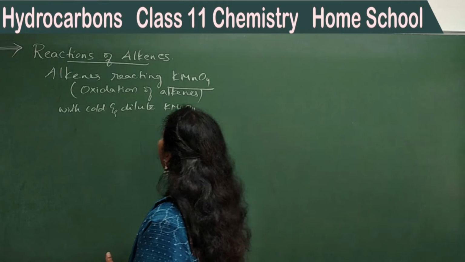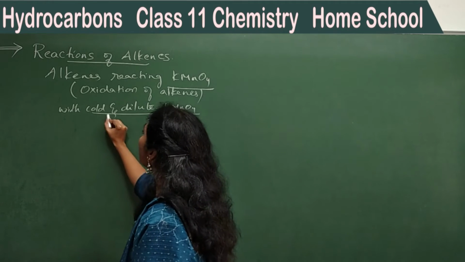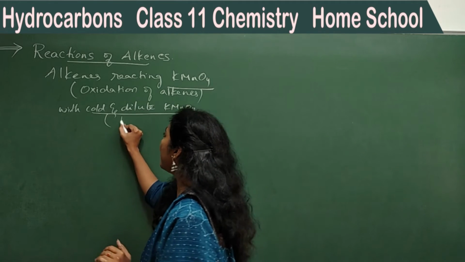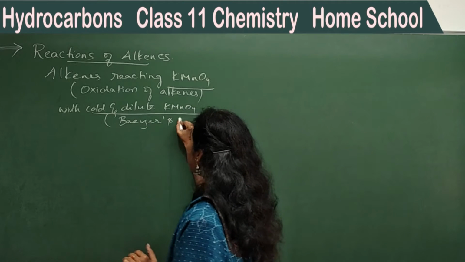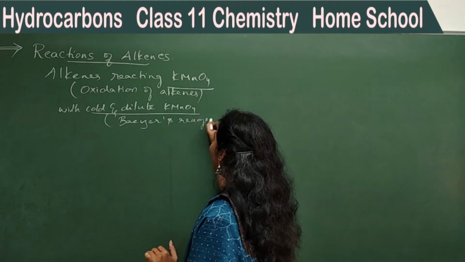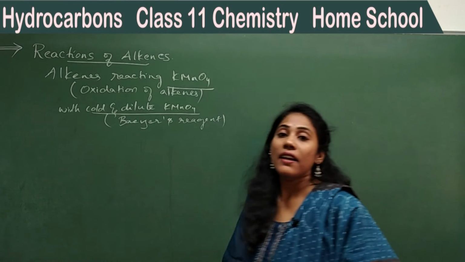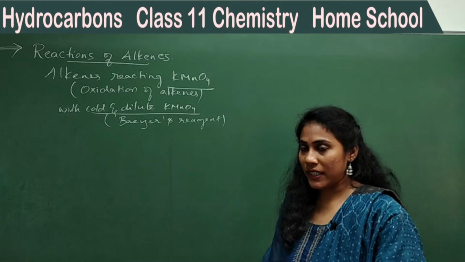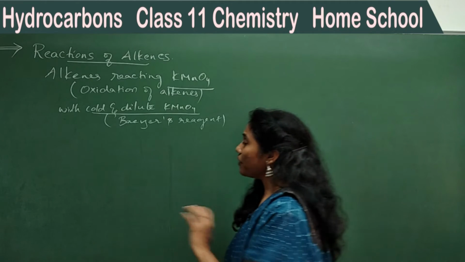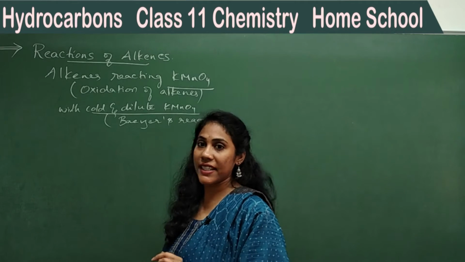Usually cold and dilute KMnO₄ is called Baeyer's reagent. So that's why this reaction is called Baeyer's test. I'll tell you why this test is very, very important a little later. Fine, let's see how the reaction actually takes place.